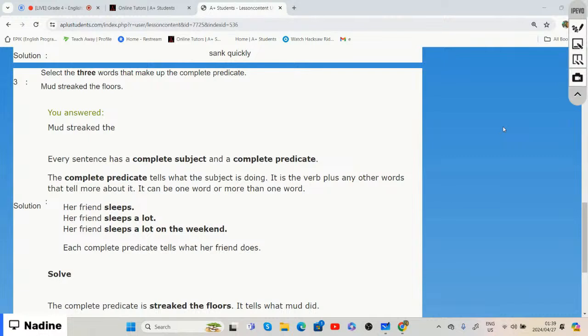Remember, it is the verb plus every other word that follows. So in this case, we can say streaked the floors.